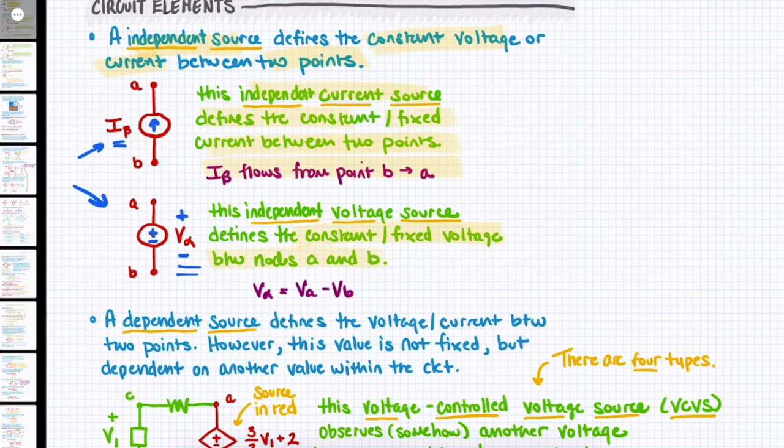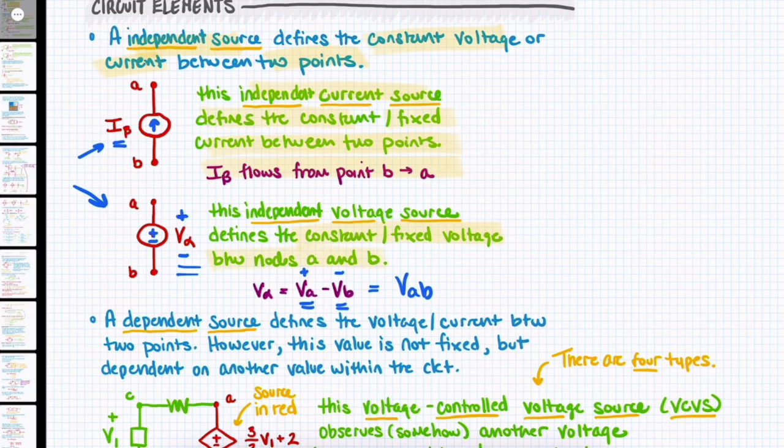If VA, or the voltage at node A, is positive, then that goes first. And if VB is the voltage at the negative node, that goes second, right? We're doing plus, positive minus the negative. So V alpha is equal to VA minus VB, which we could also call VAB.